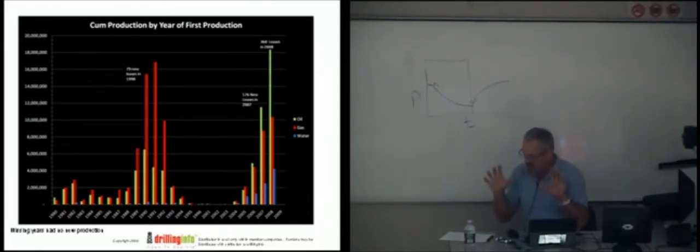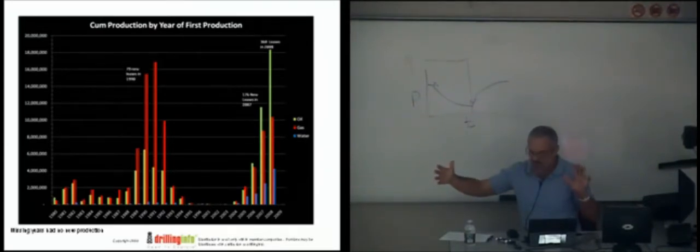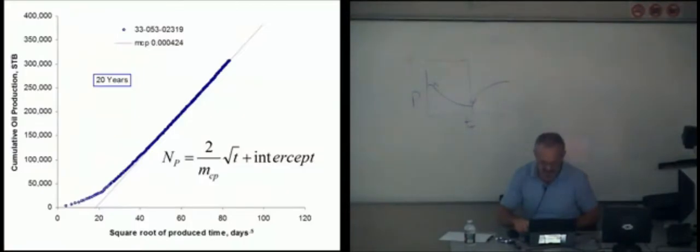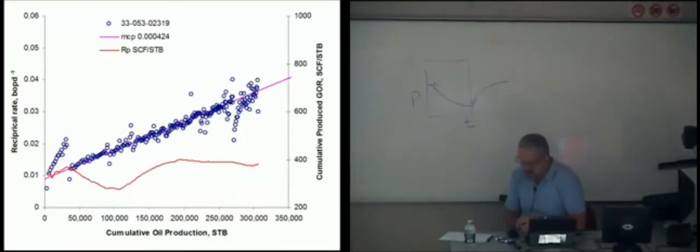I only have this graph because this well was not offset for 20 years. This is the production data for that well. Each one of those points is a month, so there are 120 points because this is 20 years of production history.